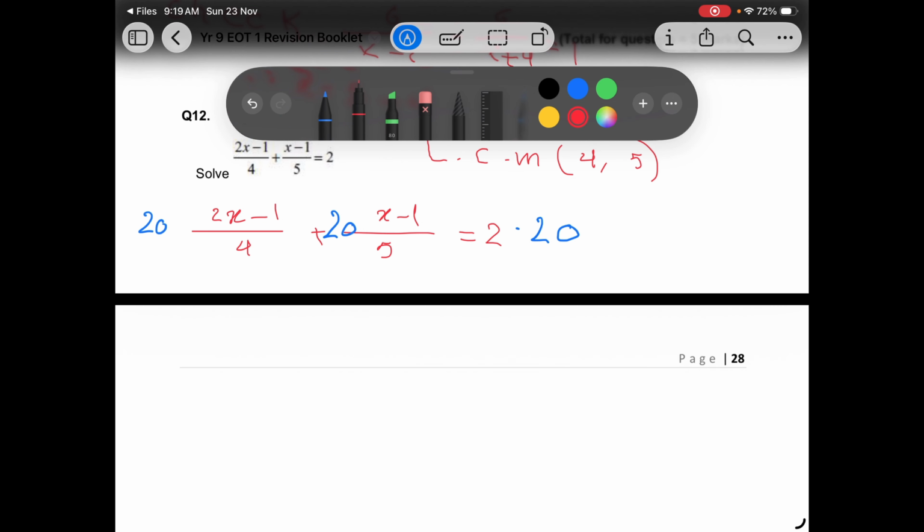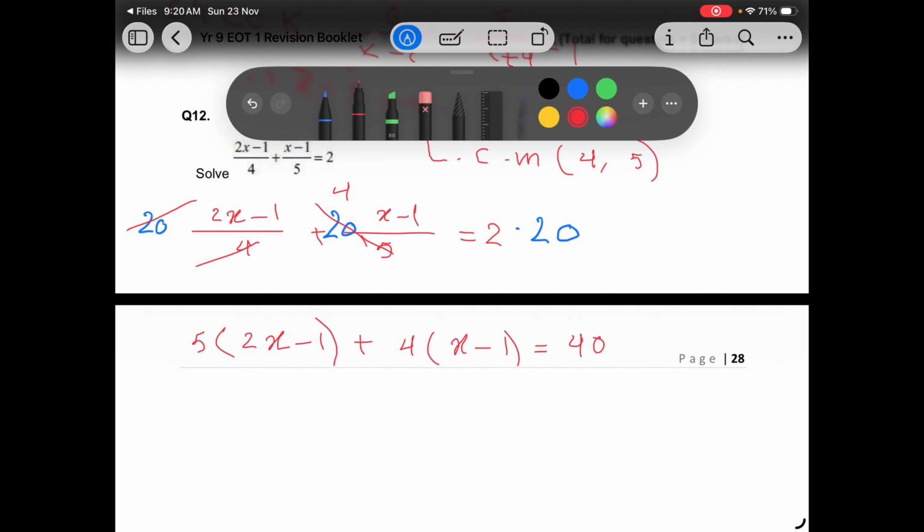We end up with 5 times (2x minus 1) plus, if you cancel this with this, it will be 4, of course, 4 times (x minus 1) equals 40 because 2 times 20.